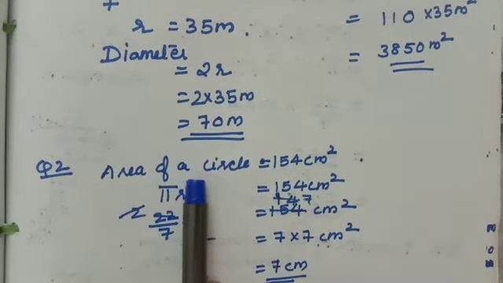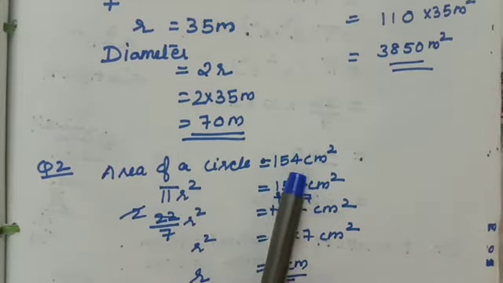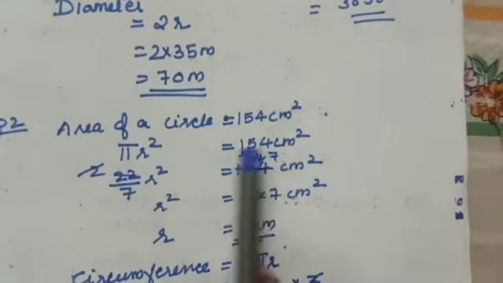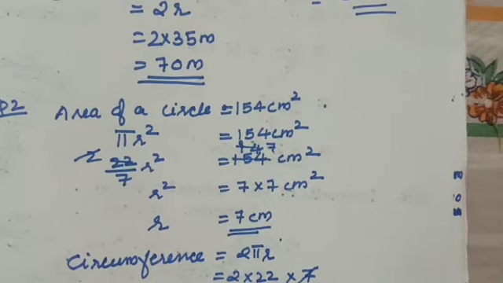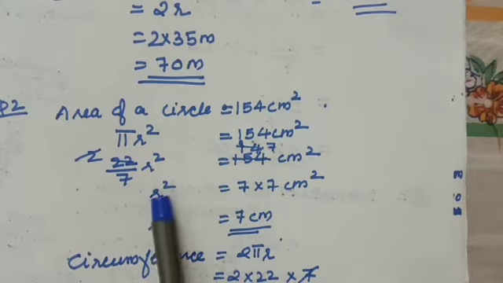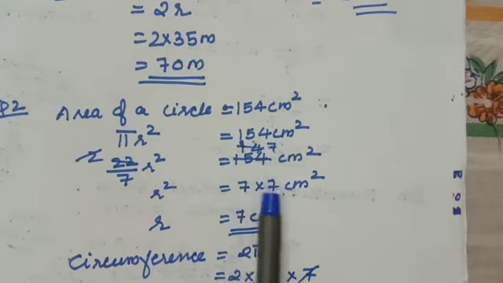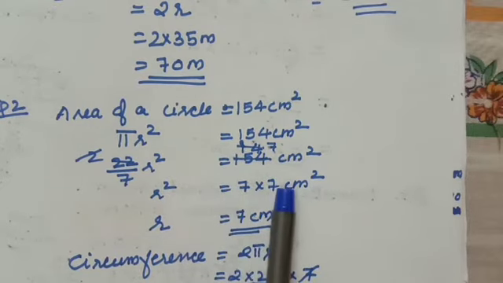Okay. Next, question number 2. Area of the circle is 154 centimeter square. Find the circumference. Area is given. Area equals pi r square. 154. Now you have to cut out. See what you will get. R square equals 7 into 7. Denominator 7 will move to that side. R square equals 7 into 7, one number multiplied 2 times. 7 you are getting.